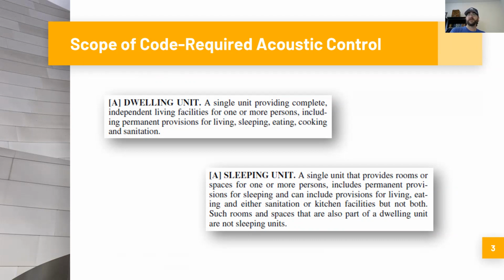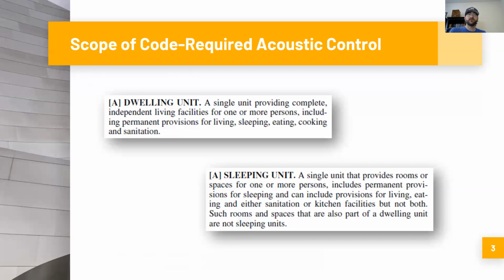A sleeping unit, you can think about kind of like a watered down dwelling unit. The term is defined as a single unit that provides rooms or spaces for one or more persons, includes permanent provisions for sleeping, and can include provisions for living, eating, and either sanitation or kitchen facilities, but not both. Such rooms and spaces that are also part of a dwelling unit are not sleeping units.